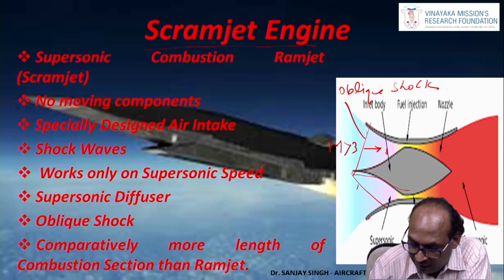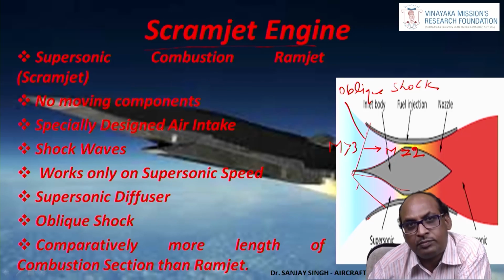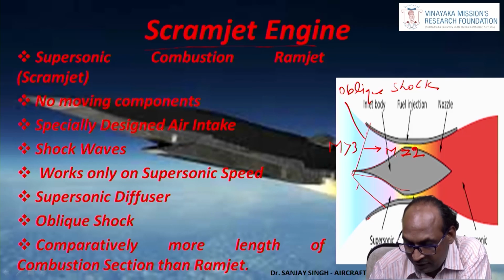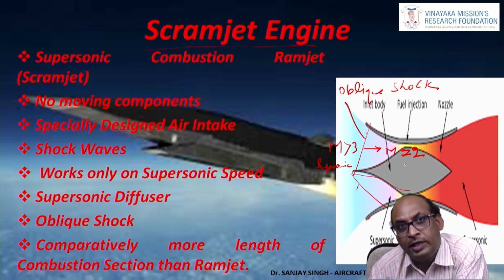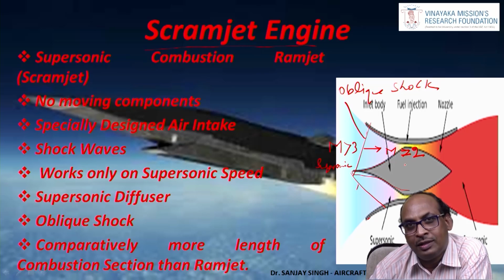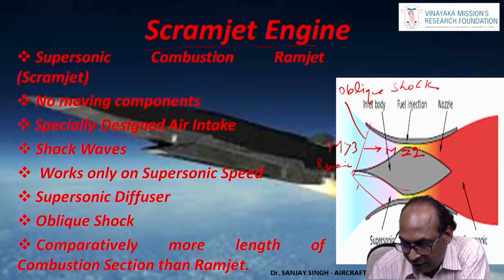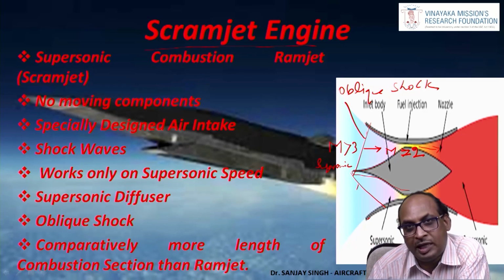It may reduce to 2, so sometimes M will become 2. So what happens? Before the shock, it is supersonic. After the shock, also it is supersonic. And the same supersonic airflow is moving to the combustion chamber.